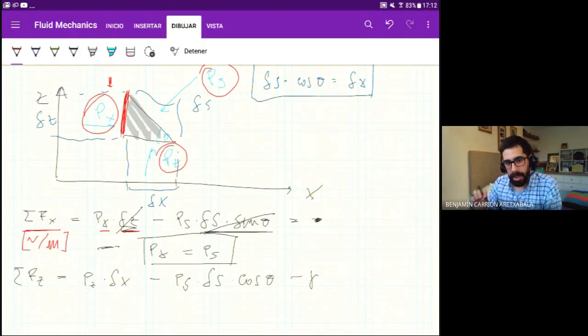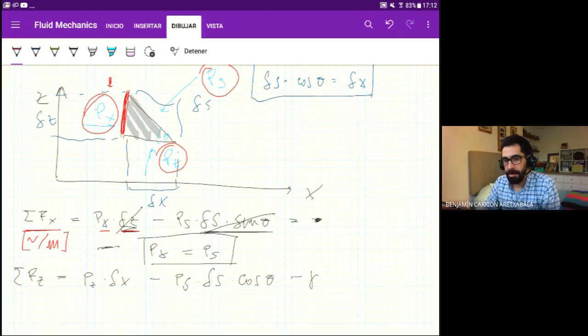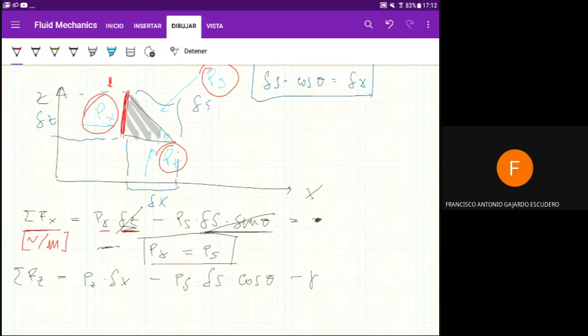So our aim is to determine how the pressures distribute, but in order to do that, what we're doing here is computing the forces that these pressures create, and this is key for all this chapter of hydrostatics. So it's a very good question. I hope I make it clear. If not, this is the time to keep digging. It's clear enough to me.